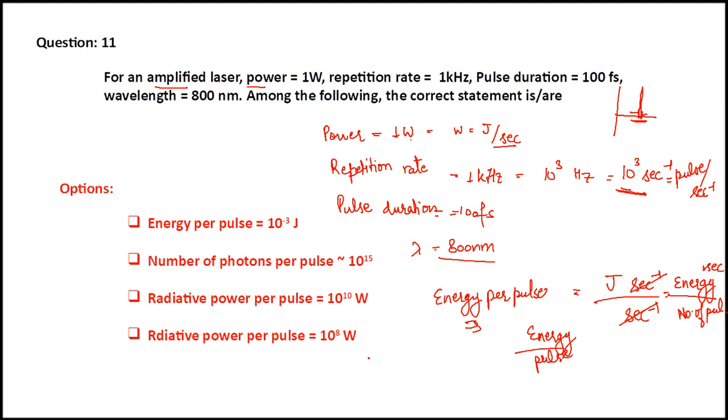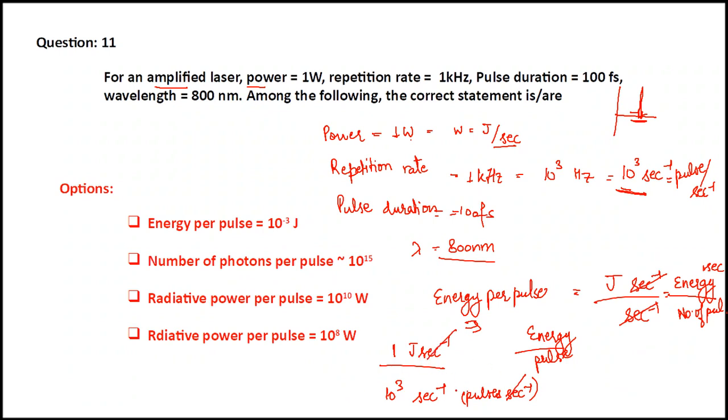Therefore the energy per pulse would be 1 joule second inverse upon the repetition rate, 10 to the power 3 second inverse, meaning pulse per second.